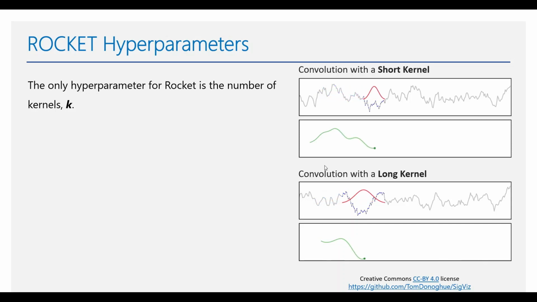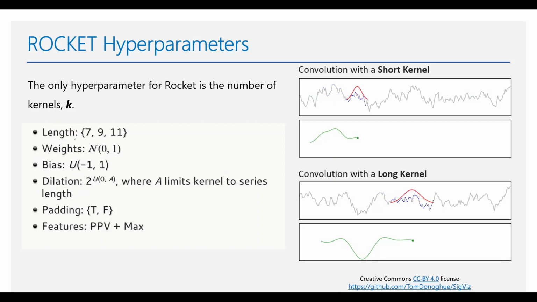Rocket says, we did this convolution process, then what you need to do is pick up the maximum value of the green curve, and also count the amount of positive values. So 2 features: the maximum of the green curve and the amount of positive values, what they call the PPV.